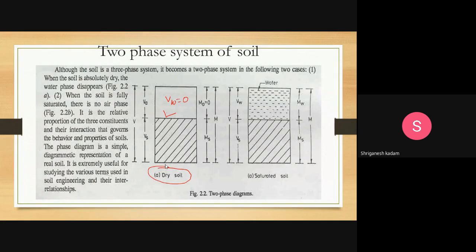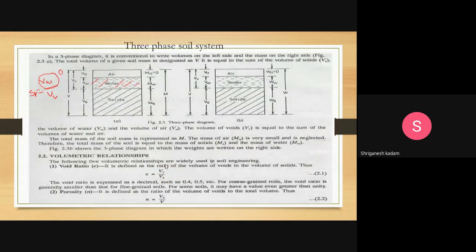And at that time, what is the degree of saturation here? So degree of saturation will be 0. SR equal to 0. So remember this, when degree of saturation is 0, when volume of water equal to 0, water is absent in that soil. So practically, actually in a soil there is some water always present.